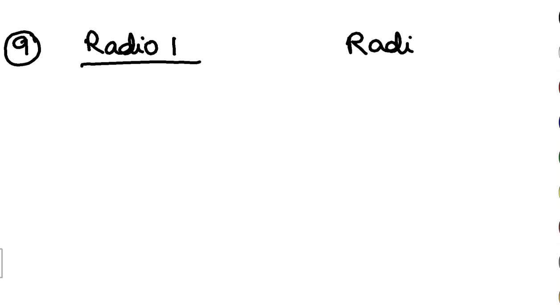Now if I go to question number 9, this question is also important. A man sells 2 radios for rupees 4,000 each. So there are 2 radios. Let me mark them as radio 1 and radio 2. For both of them the selling price is rupees 4,000.